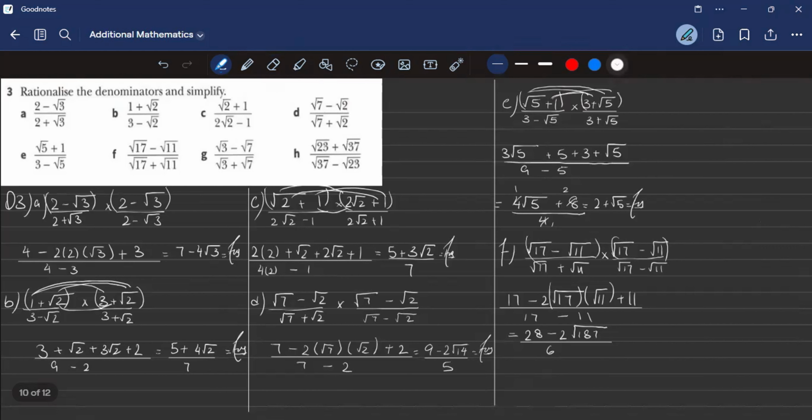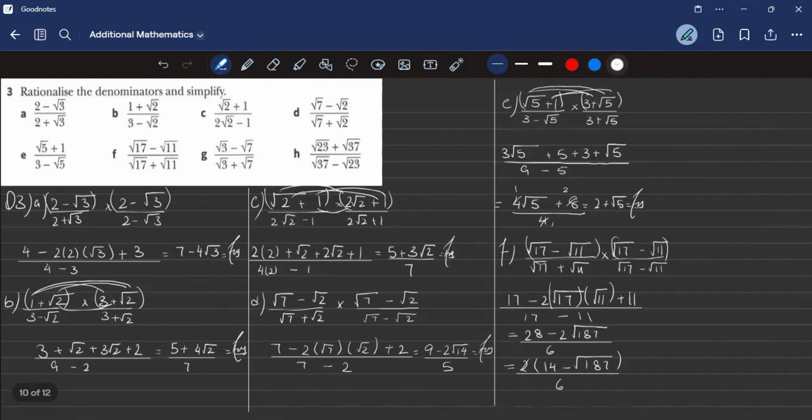In fact, no, wait a second. We could simplify this further. 2 can be taken out as a common factor. So 2 ones are 2, 2 fours are 8, minus root 187, divided by 6.